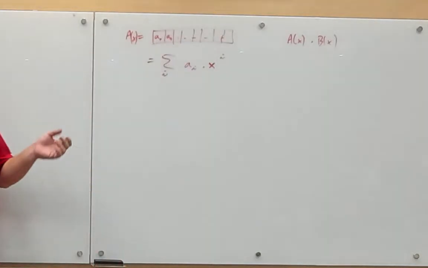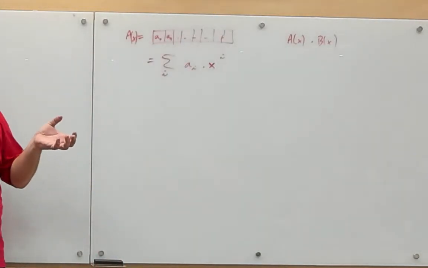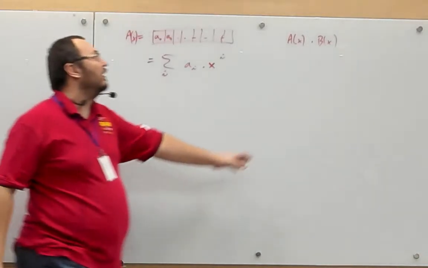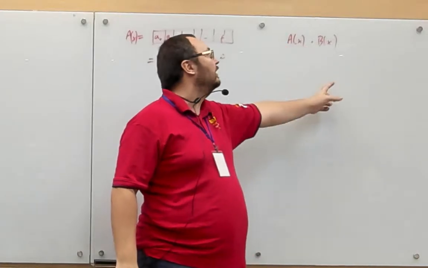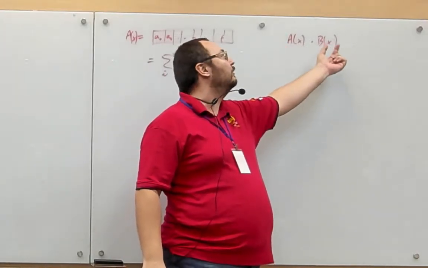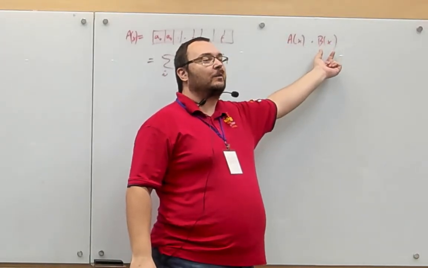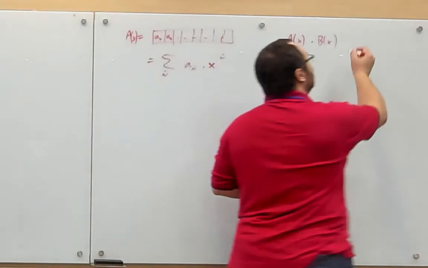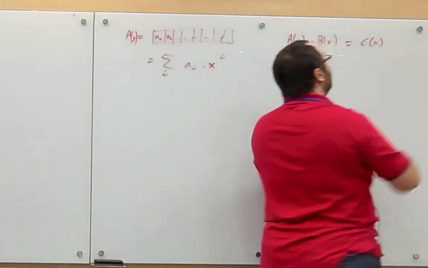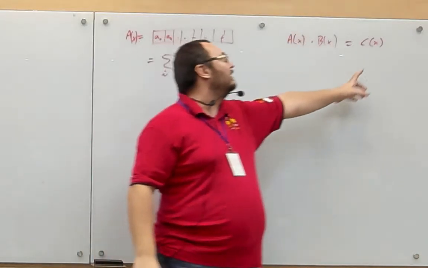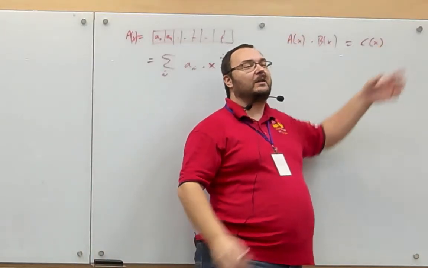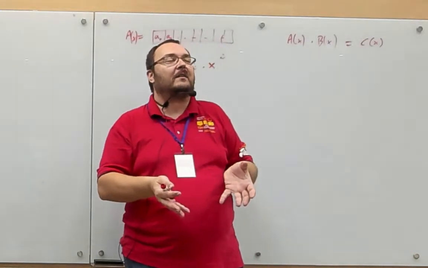And you will get a new polynomial, and the statement will still be the same. So if you put x equals 10 here, you will get the value of the first number. If you put x equals 10 there, you get the value of the second number. So it must be the case that when you compute this, and you get the product of those polynomials, which is a new polynomial of like twice the degree, if you plug in 10 into the new polynomial and you evaluate it, you must get the value of the product.